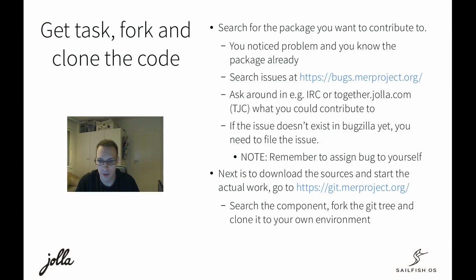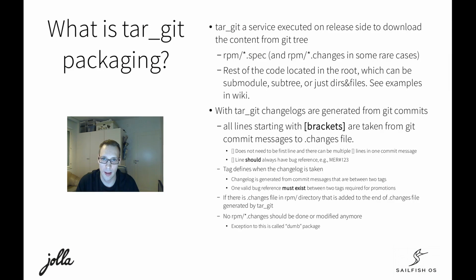And regarding that, a target is basically a service that is executed on the releases side. It basically downloads the content from the Git tree. There are a couple of rules for that that you need to follow in order to make the process work.